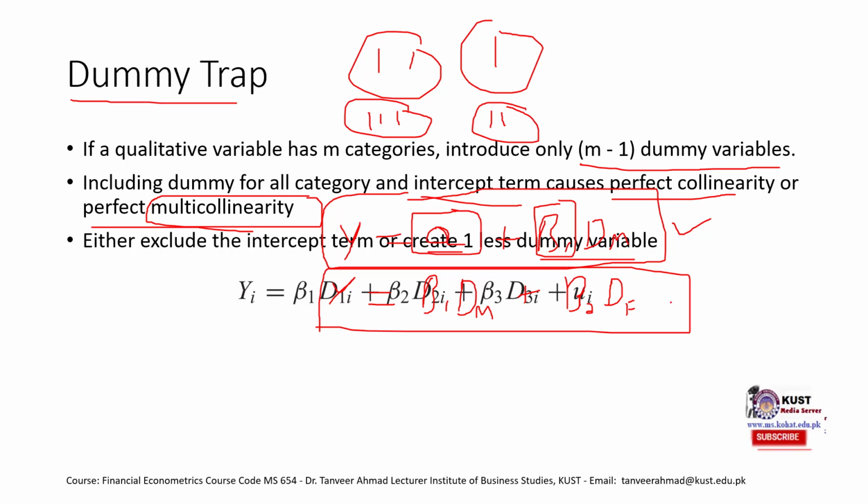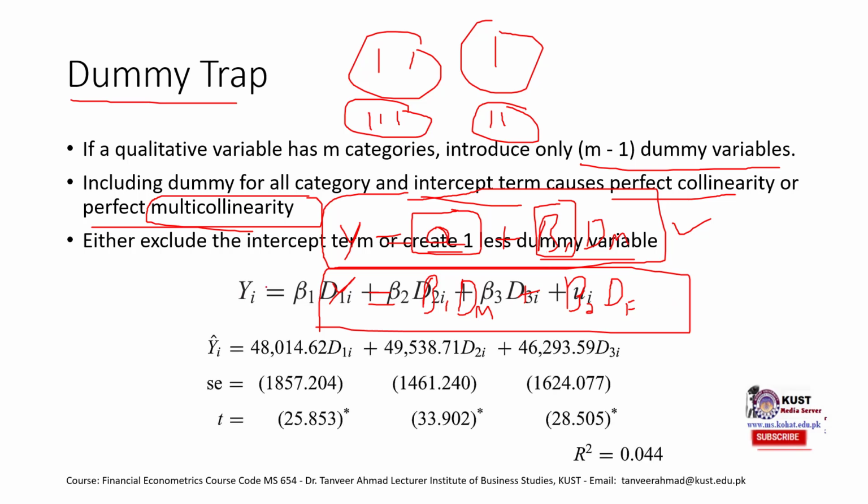So in this case, we have already seen the results of this example where we include the intercept term but exclude the another dummy variable.